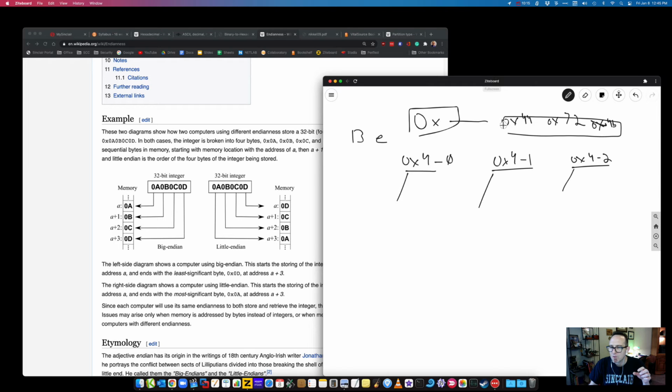That's what 0x usually means: hexadecimal. For now, though, I'm just going to write out the actual 44, 72, and 4D. So with a Big Endian system, the lowest address gets the most significant byte here. So 44, 72, and 4D.